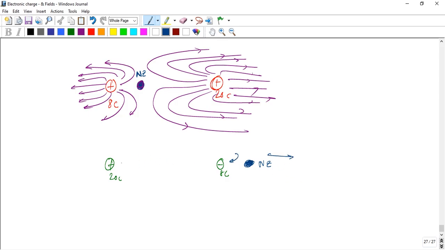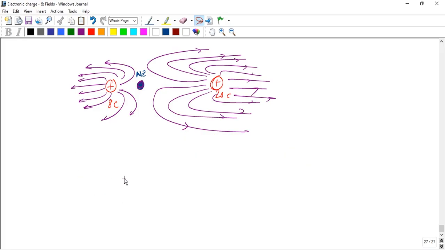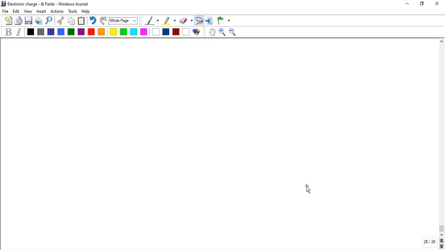Now we look at this: plus to minus. Draw on a fresh page here.